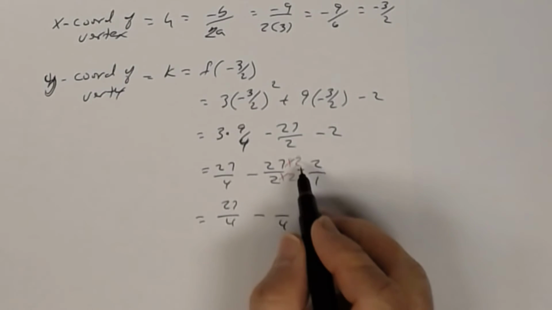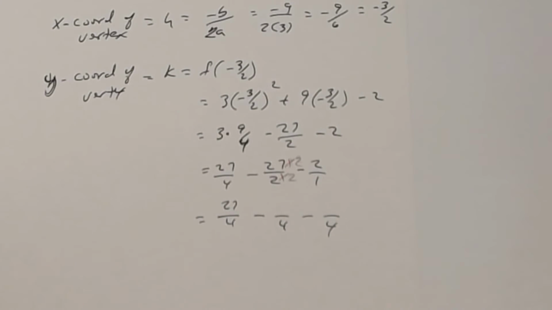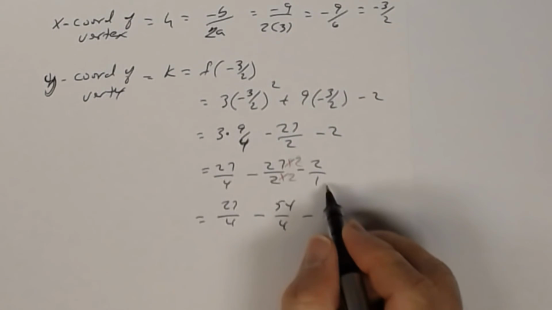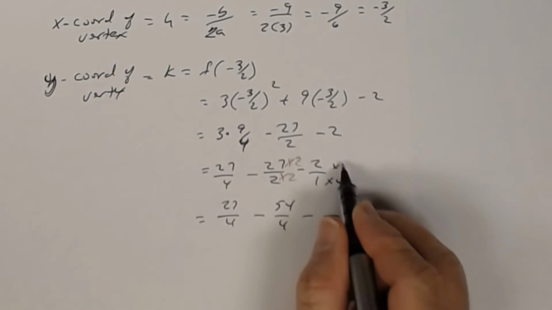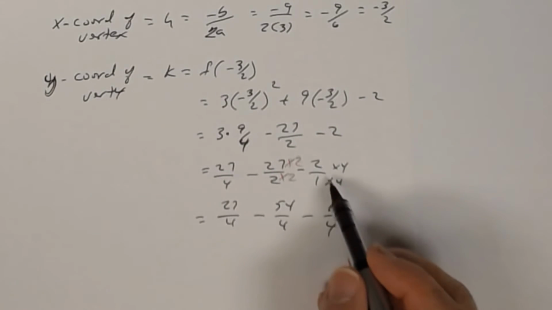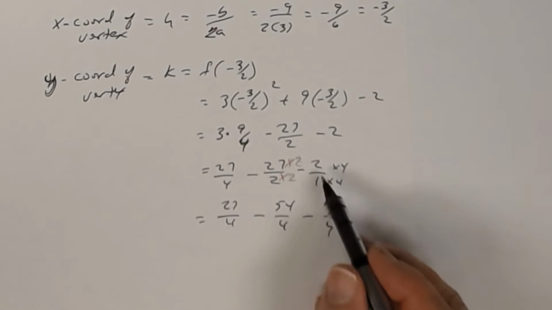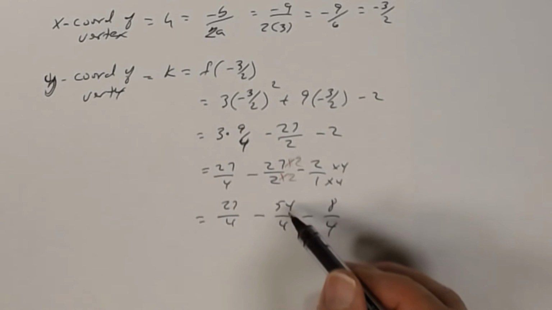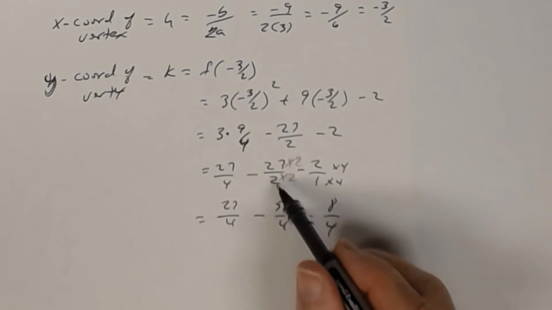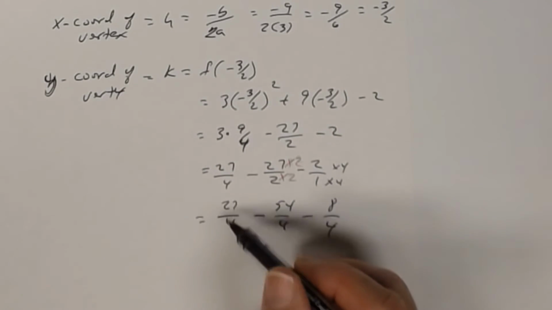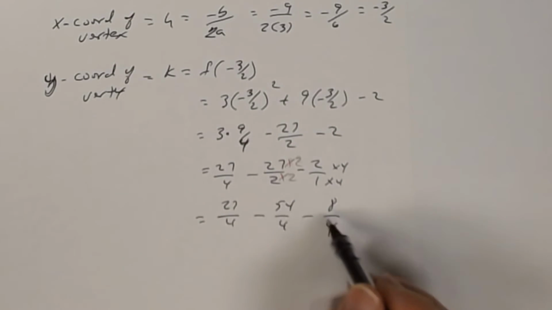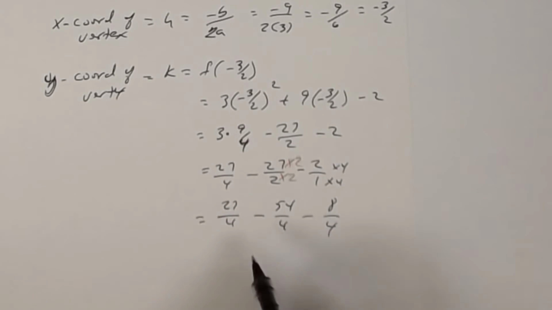So 27 times 2 is 54. So that here is 54. And then the same thing here, times 4 times 4, 2 times 4 is 8. Kind of makes sense because 8 fourths reduces to 2 divided by 1. 54 fourths reduces to 27 halves, and 27 fourths is equivalent to itself. So now I can combine all these into one.